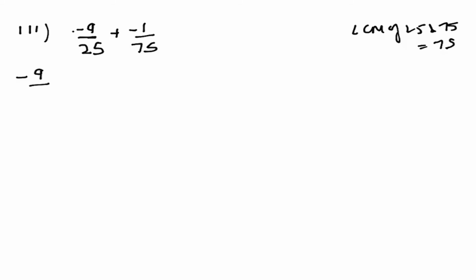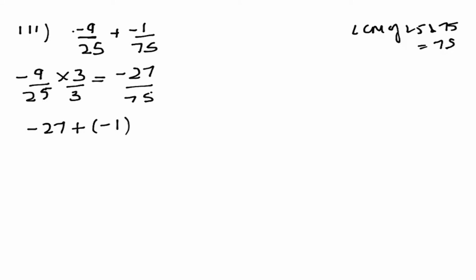So what we'll do, we will multiply by 3, as we know 25 times 3 is 75. So we will multiply by 3 and get minus 27 by 75. Now we will add these two, minus 27 plus minus 1, and the denominator will remain 75, and when we add these two we will get minus 28 by 75.